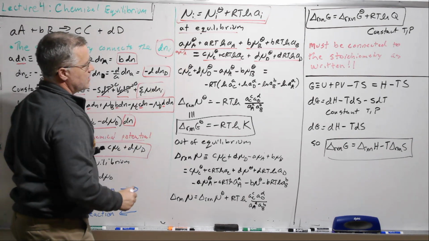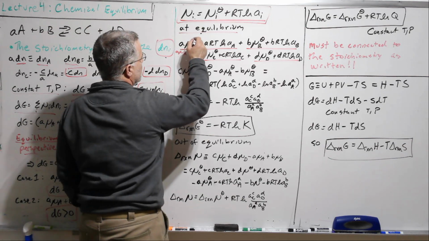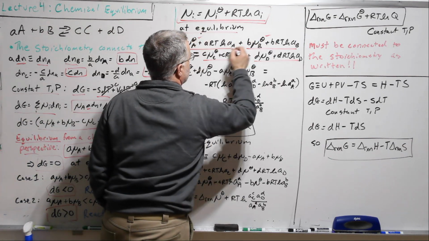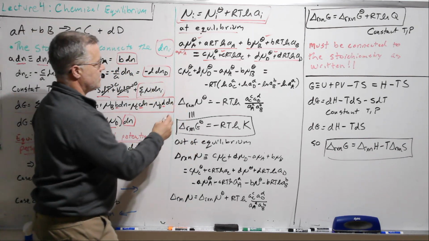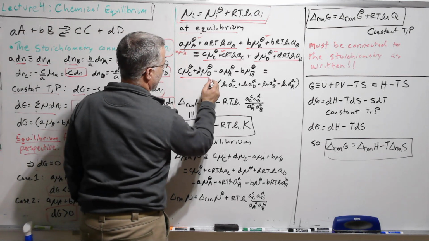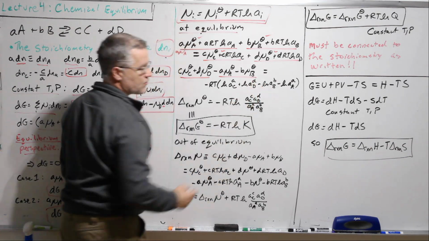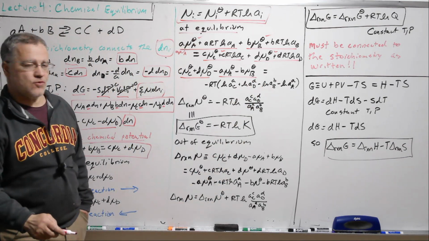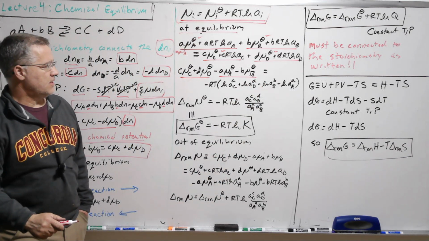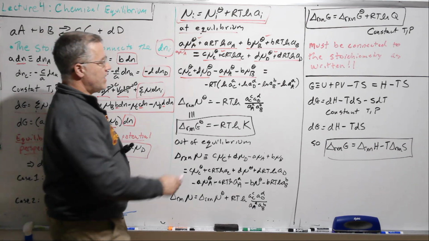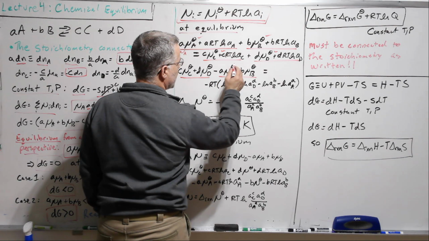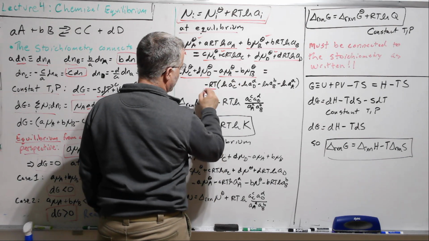Let's get all of the reference chemical potentials over to one side. And we're going to do so that we have products minus reactants, which is the typical way that we do things in, say, a general chemistry course. And then on the right-hand side, there's going to be a common RT, and I'm going to actually pull out a minus RT.